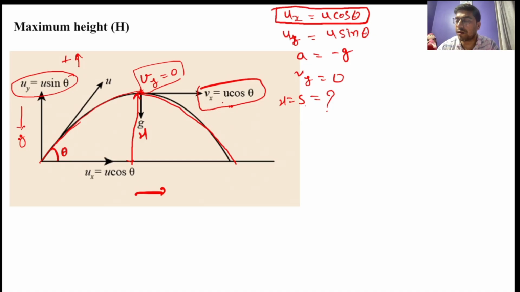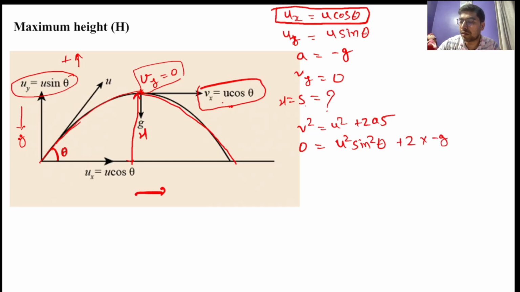Definitely the third equation of motion, we can write v square equals u square plus 2as. Now v is what? Velocity at maximum height, how much? 0. u, the initial velocity in vertical direction, is u sin theta, and its square will be u square sin square theta, plus 2 times a, which will be minus g, and s we can write as maximum height h.